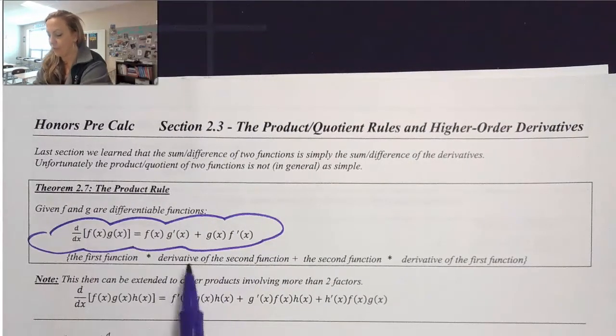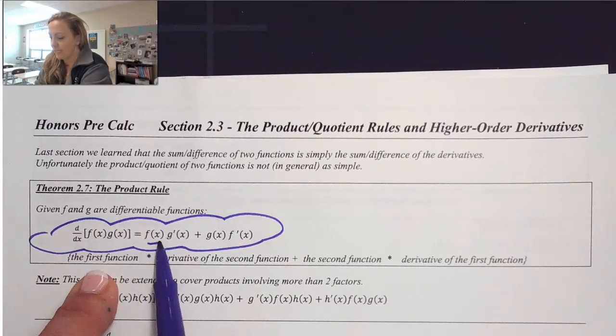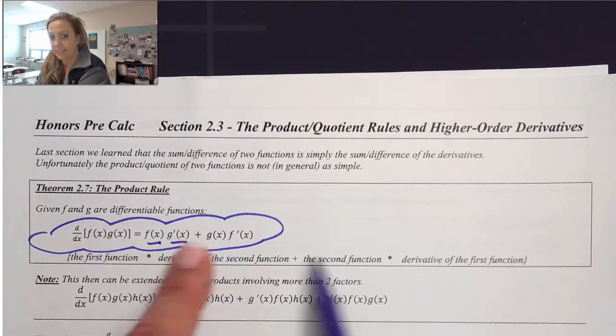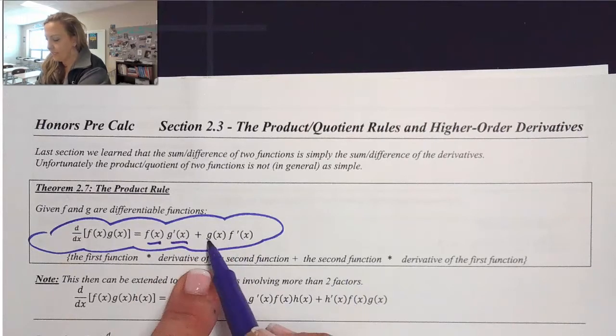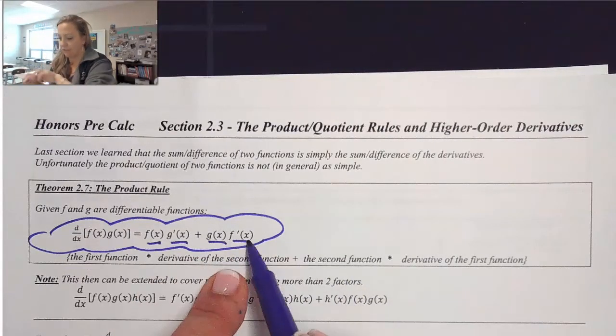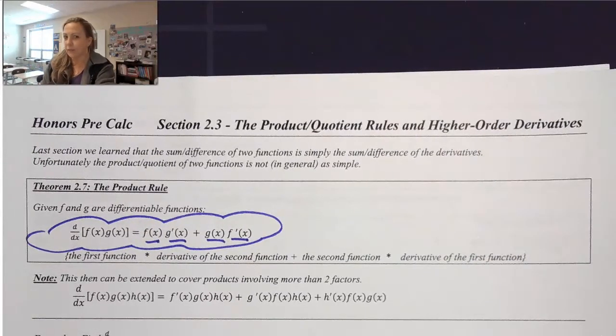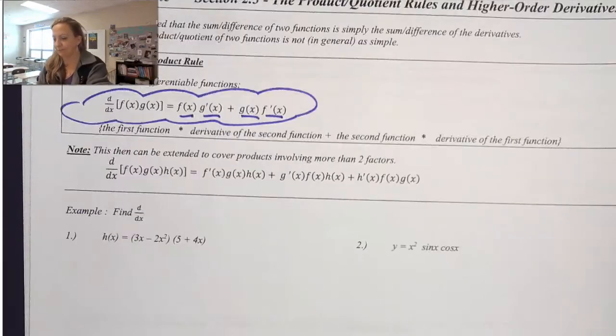Again, it's the first function times the derivative of the second function plus the second function times the derivative of the first function. Of course, this can then be extended to cover lots of different factors, so products involving two or more factors as well, all right? So let's take a look at this product rule.